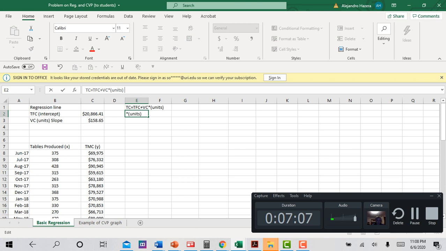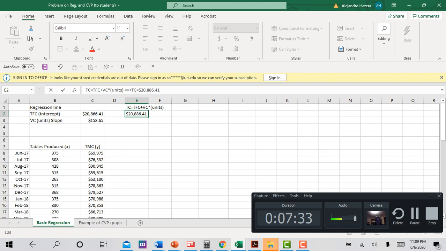What we're getting here is your total cost line that you got by using regression. In this case, total cost is equal to total fixed cost of $20,886.41.